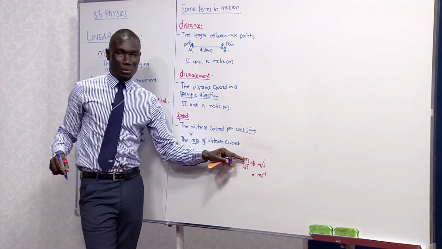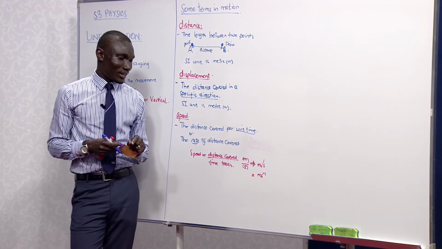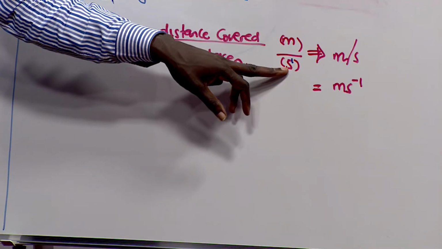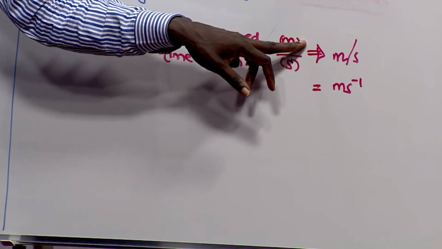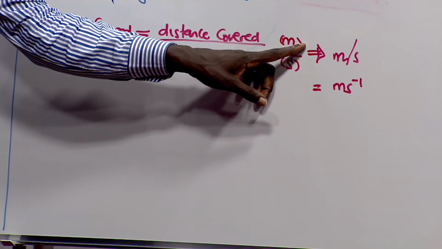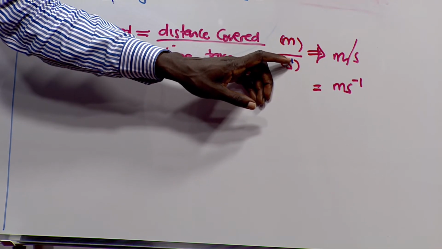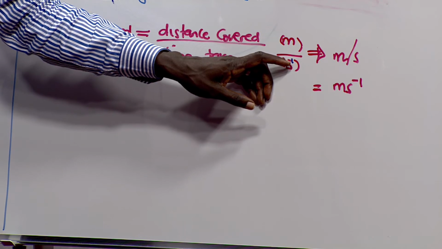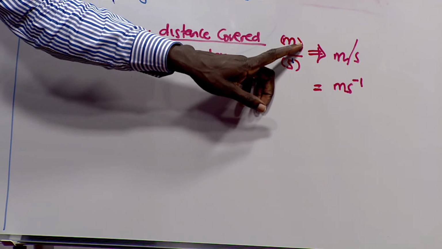In indices, we know that this s can move from down and go up. When s moves up, the sign of the power changes and it becomes negative.